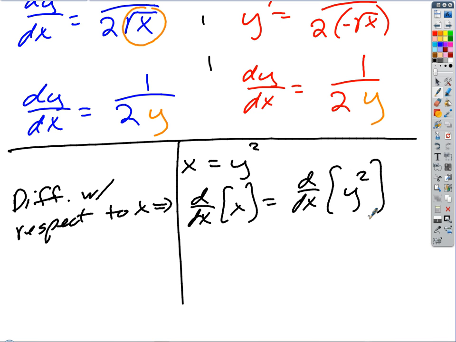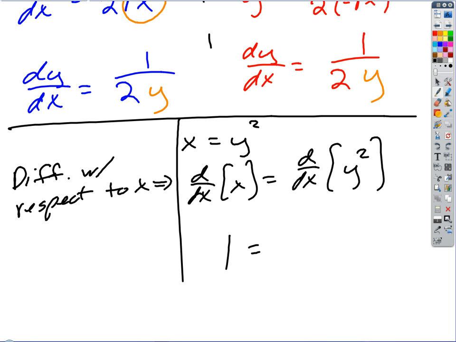Well, what's the derivative of x with respect to x? 1, right? And I know that because that's one of my standard forms, but I could even see it algebraically. I would just end up with dx over dx, and algebraically those just cancel to 1, right? Either way you want to look at it, they're both equally good. I just get 1 on the left side.